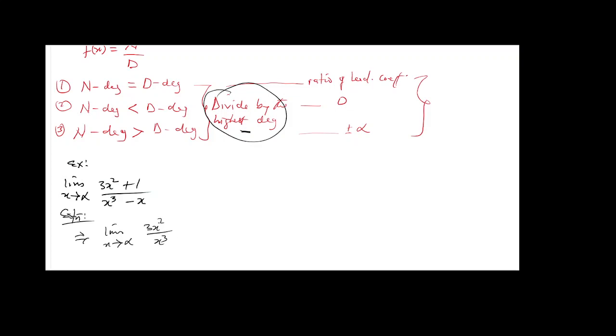We can see that this can cancel out completely, and we have 3 all over x left, so our final answer here will be the limit as x approaches infinity of 3 all over x.